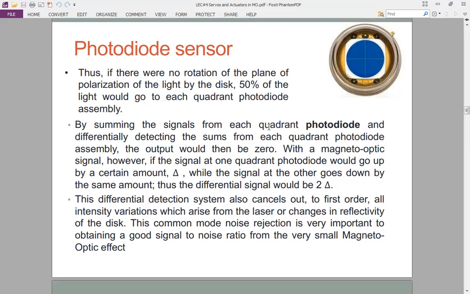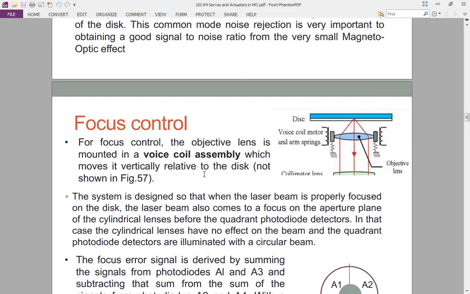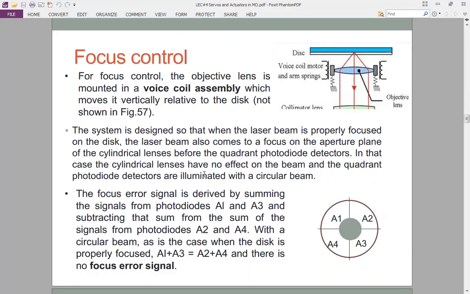So let me explain now in detail so that we see the intensity that we are talking about. For the focus control, remember, focus control is monitored by what we call the focus servo. A focus servo is the control system that monitors the up and down movement.